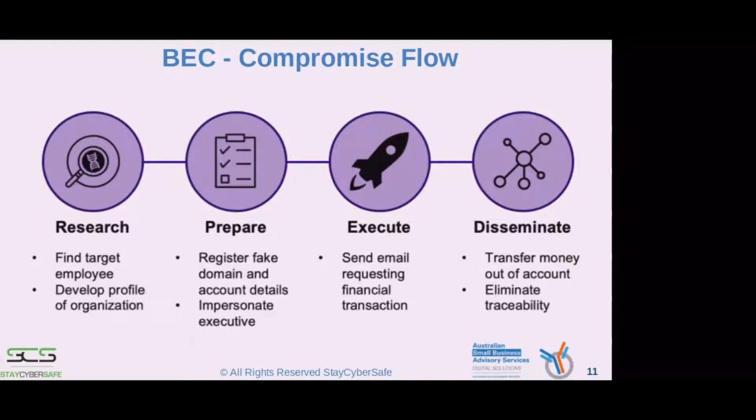They will send you phishing emails pretending to be someone else, for example, the CEO of an organization, or pretending to help you, for example, as an IT person. Then they will execute their plan by sending emails requesting a financial transaction, for example, settling a bill, and of course they will hide all tracks, transferring the money out of their account to a different account.